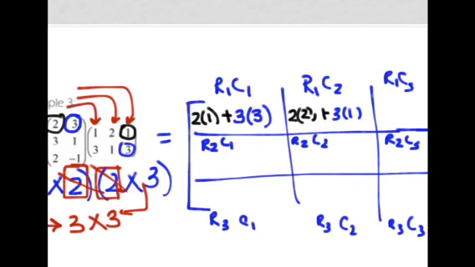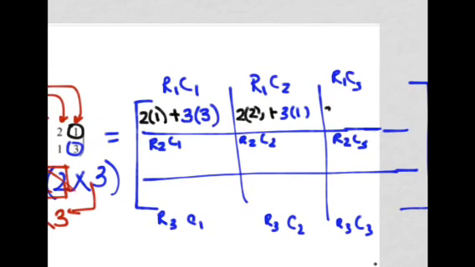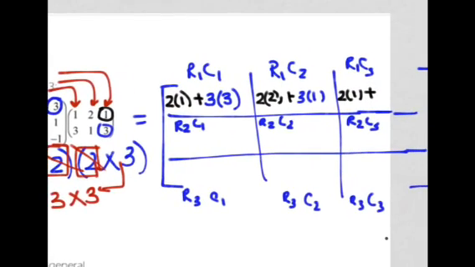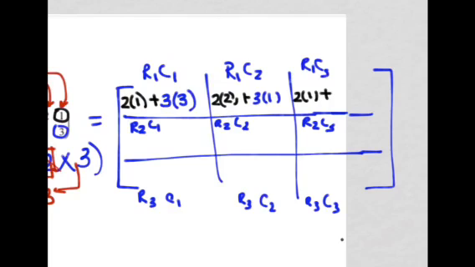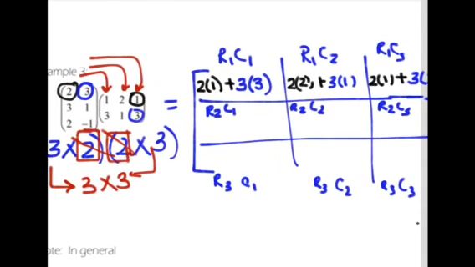So the black 2 will get multiplied by the black 1. And then the blue 3 by the blue 3. We have now completely finished threading row 1 through each of the 3 columns that were available. So now we're done with row 1.